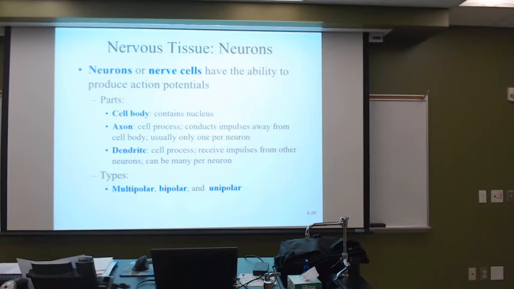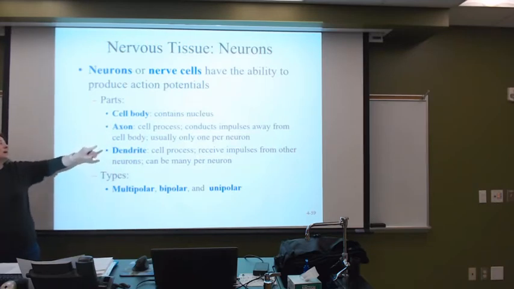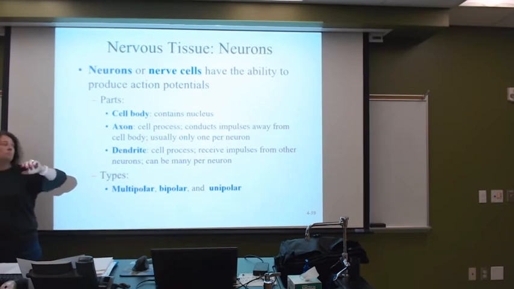So we will learn how we get to have an action potential. The parts of a nerve cell are going to contain a cell body, which will be their nucleus. They will have what's termed an axon.